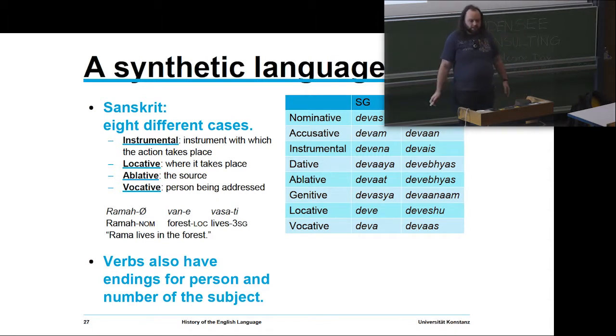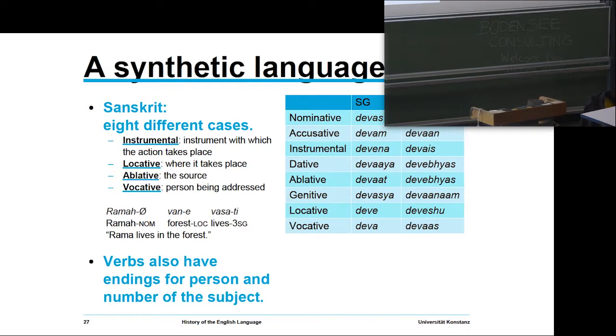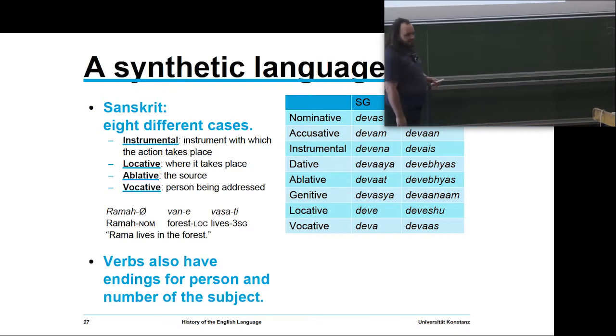Those are cases that are familiar from modern German, but we've also got cases that German doesn't have, like an instrumental. Now, the instrumental is fun. The instrumental is basically the instrument with which the action takes place. So if you say something like, I killed the man with a sword, the sword will go into the instrumental case.